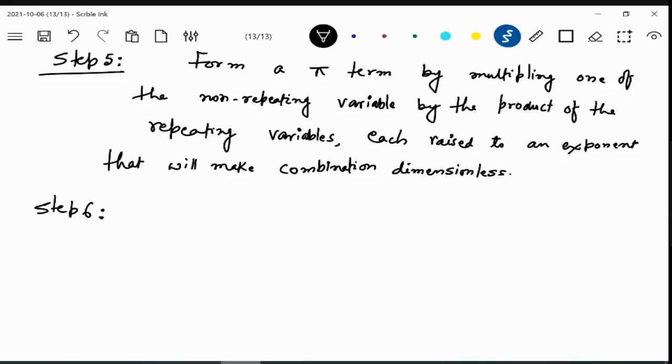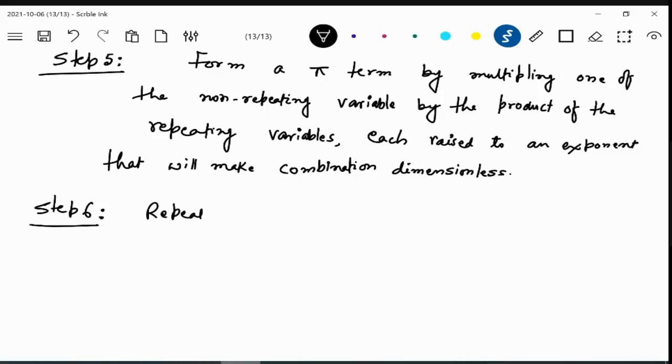Just to get some idea, when we do a problem, you can understand easily. These steps are not difficult. Now this is for one variable, so we have found one pi term. Now you have to repeat these steps to form more pi terms, and you can do this with the rest of the non-repeating variables.